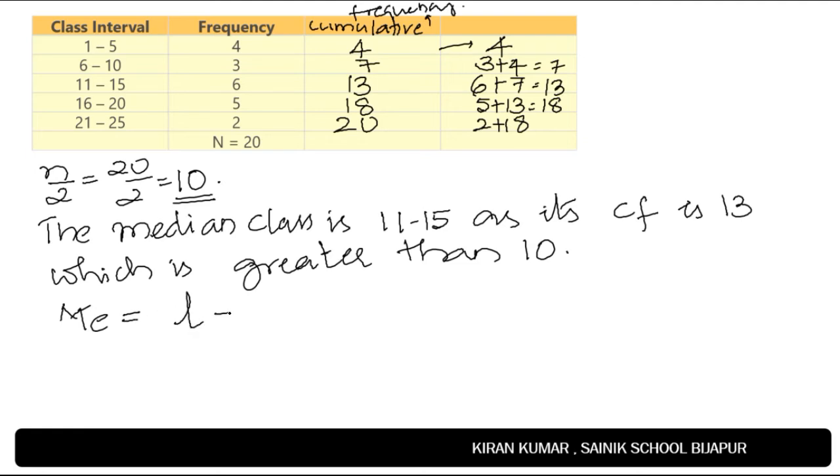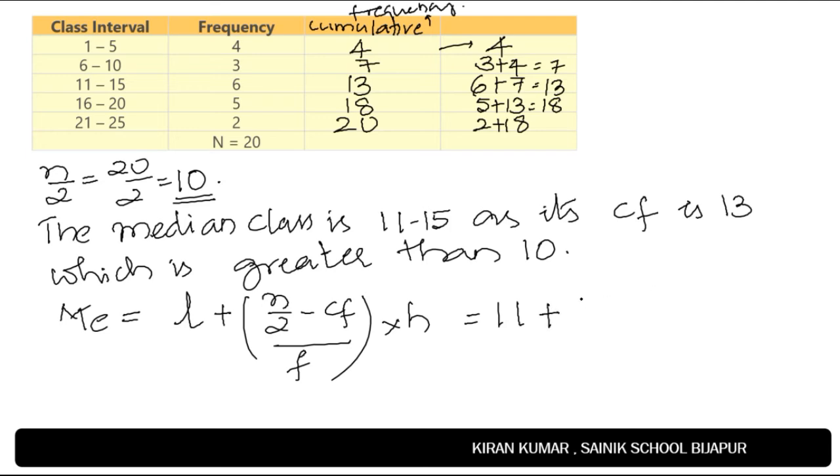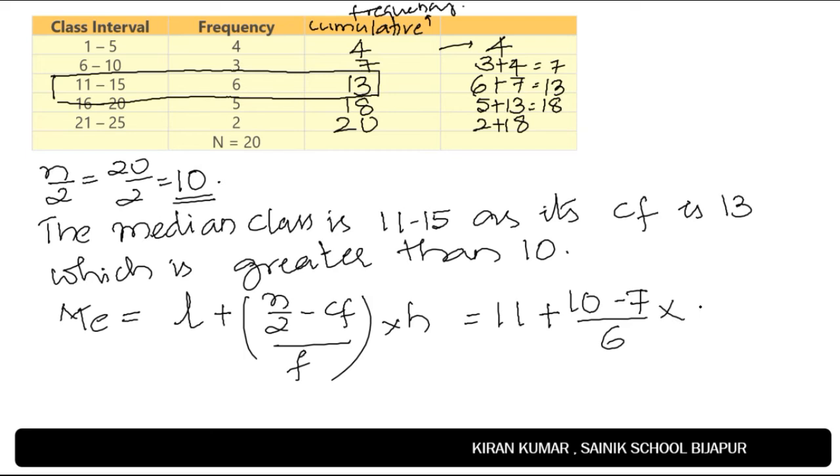Median will be given by L plus n by 2 minus Cf upon F multiplied by H. Here, the lower limit of the median class is 11, plus n by 2, the value is 10, minus the cumulative frequency of the class preceding the median class, which is 7, divided by the frequency of that particular median class, 6, into the class size, which is 5.